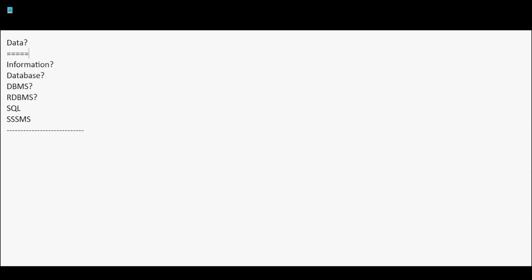What is data? A data is nothing but a factual or measured or recorded value. Okay, values can be any, numbers or text or whatever.